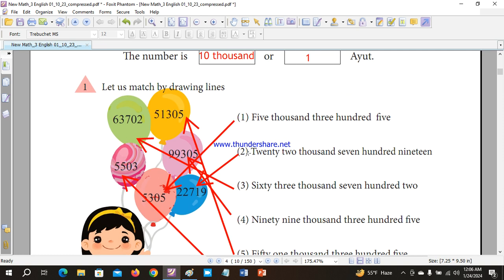We have already drawn all the lines and matched all the numbers from number in words to number in digits.